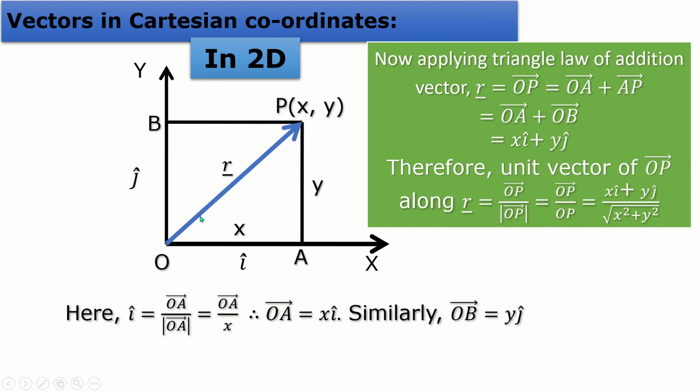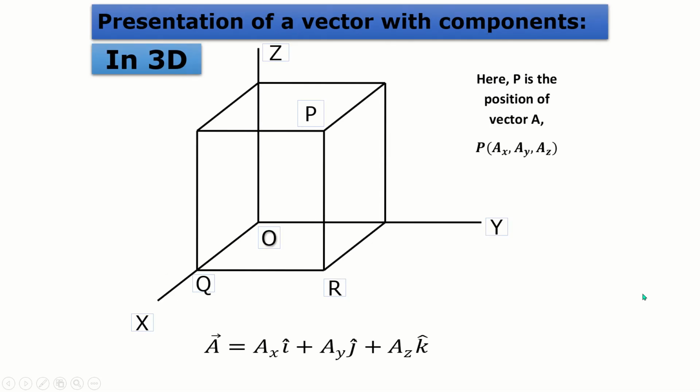So from Pythagoras theorem, OP equals the square root of OA square plus AP square. OA means x, AP means y. So square root of x square plus y square. That means we can write the absolute value of xi plus yj equals the square root of x square plus y square. You have to remember this. Clear?